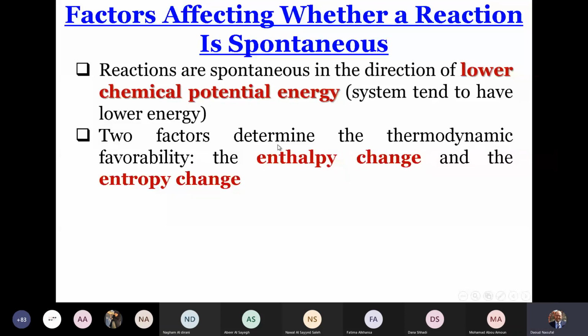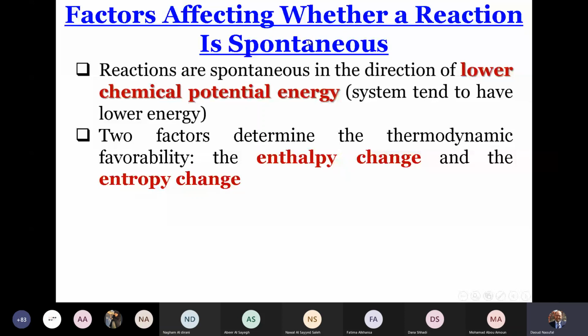Two factors determine the thermodynamic condition of the spontaneity. First, the enthalpy change that was studied in details in chapter 5, and now we have to define a new thermodynamic data, which is the entropy change.